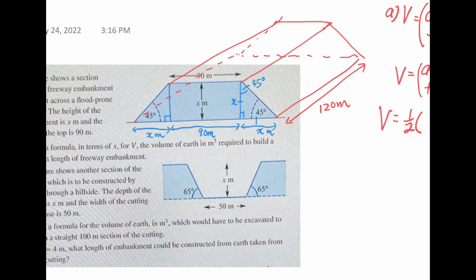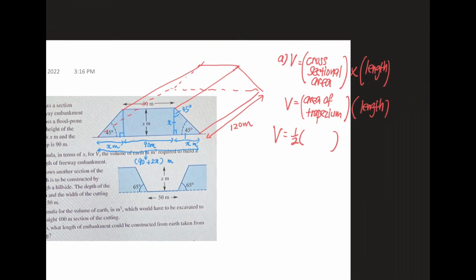So altogether, the whole base will be 90 plus 2x meter. That's the length of the bottom. Now let's come back to our area of trapezium. What I said is 1/2 multiplied with the sum of the parallel sides. So the first side is 90.